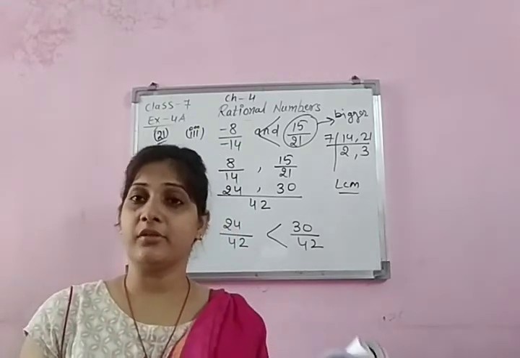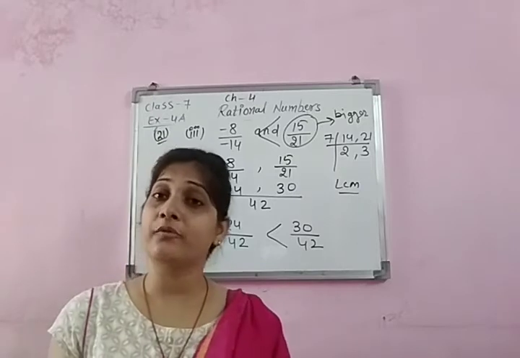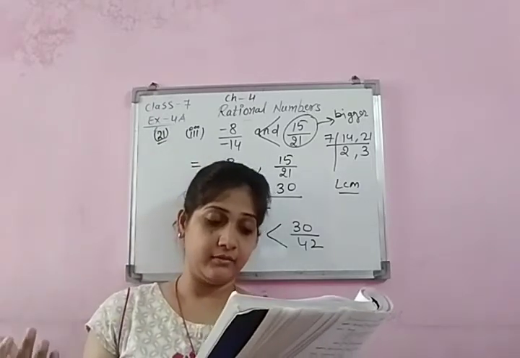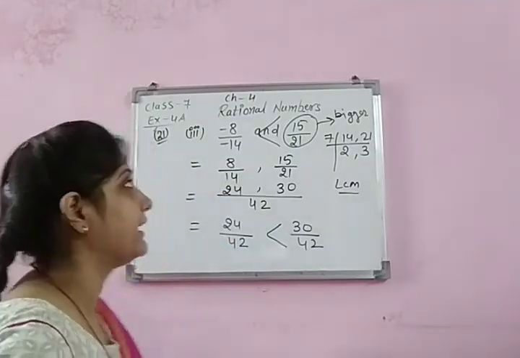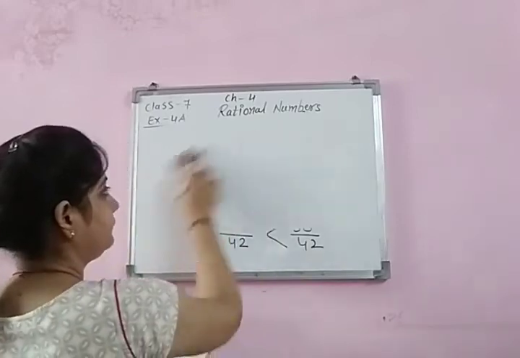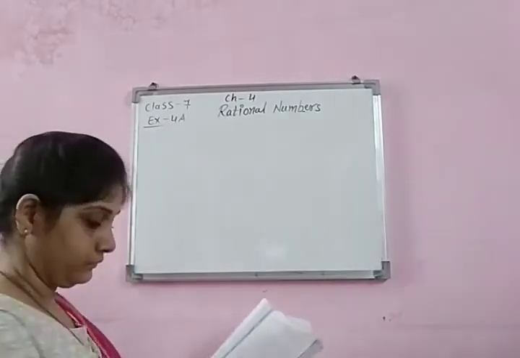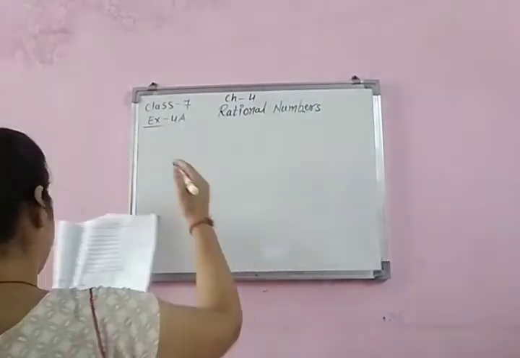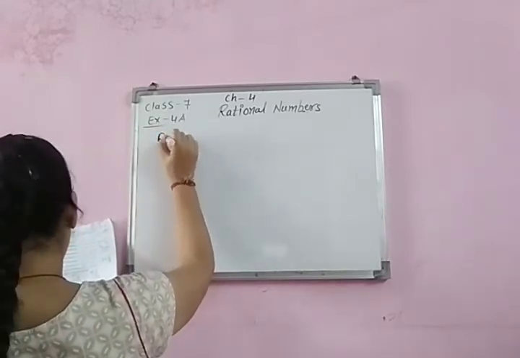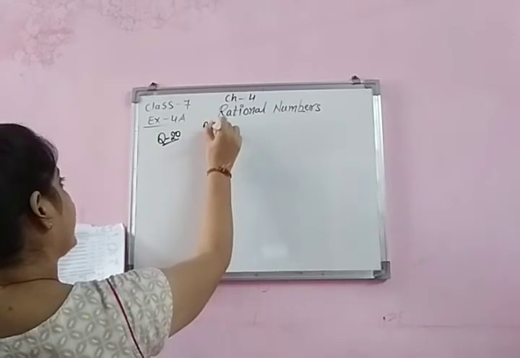In the same way, children, we can find the value of x also when two rational numbers are given as equal. Let's see that question also, so that your equivalent rational number topic will be finished. Question number 20, find x.